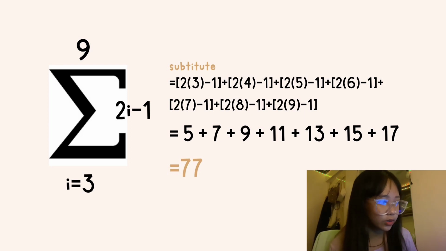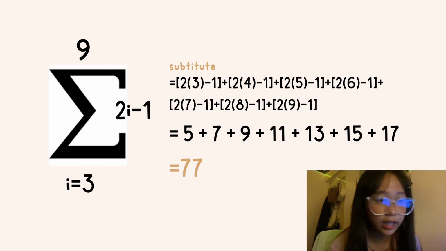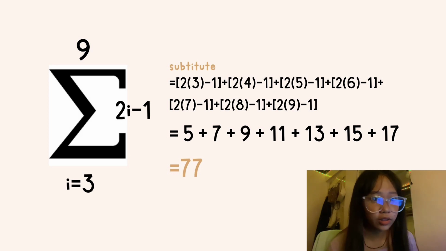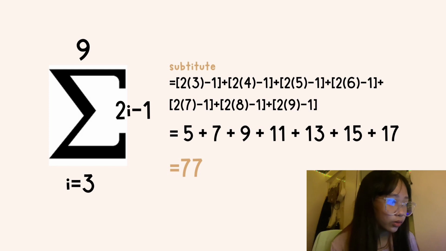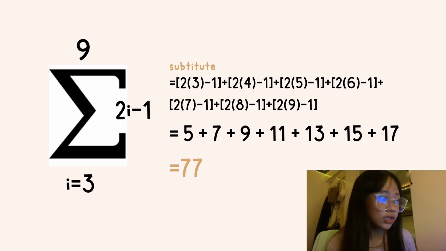The second step is to identify the upper limit of the summation. In this case, the upper limit is 9, which means that we will end the sum with i equals 9. Our third step will be identifying the pattern or rule that the terms in the summation follow. In our case, the terms are generated by the formula 2i minus 1.